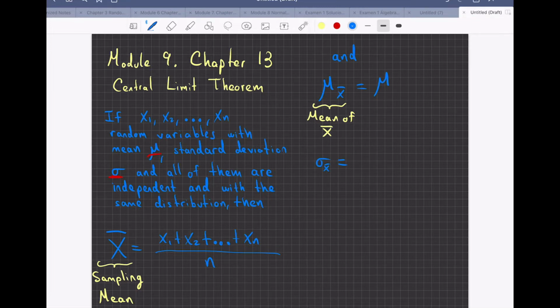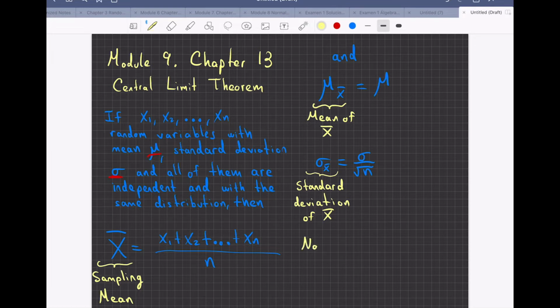And the standard deviation is sigma over square root of n. This is the standard deviation of the sampling mean.